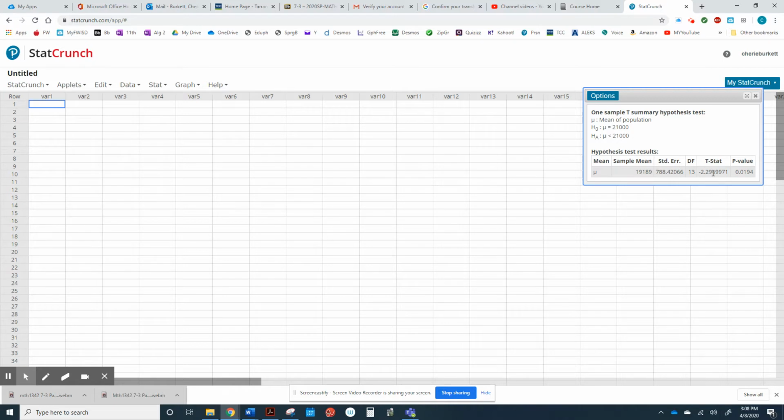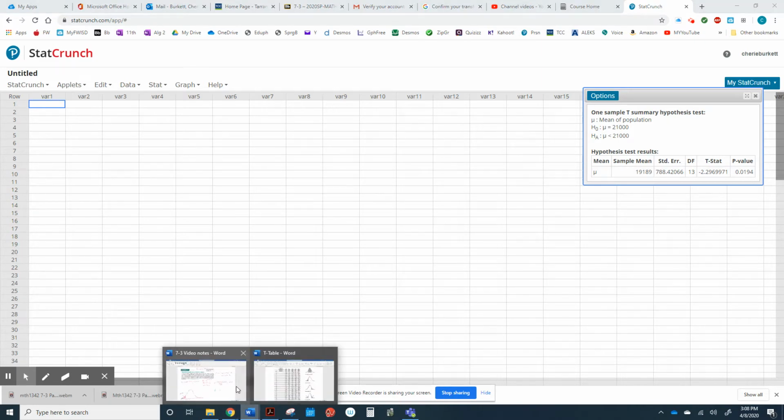We wrote down negative 2.30. They have negative 2.296. You take that 6, round that up, you get negative 2.30. There's the p-value. The area for that t-score right there is 0.0194. So that's our p-value, 0.0194.